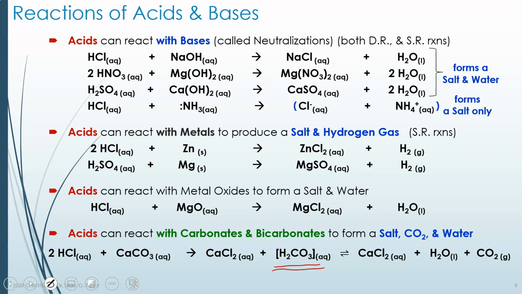But carbonic acid in water at most pHs, at low pHs or neutral pHs, does not stay this way. It's a very unstable molecule, and this will immediately break up in a second decomposition. So we actually have a double replacement here, and in going to here, I just carried over the calcium chloride. It's the same thing, nothing happened to it. This is actually a decomposition reaction.